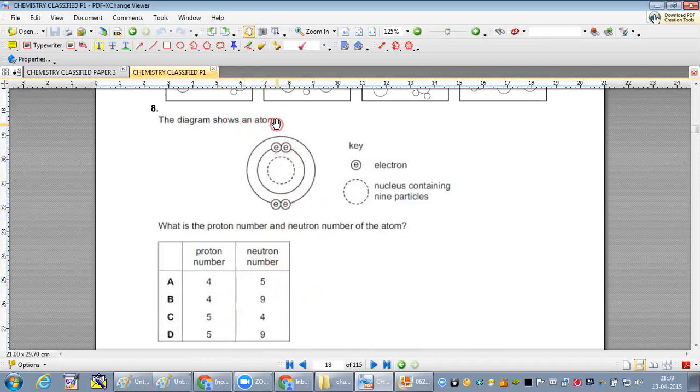And here they've said it is an atom, it's not an ion. Because it's having 4 electrons, it should have 4 protons. So the option over here is going to be A.